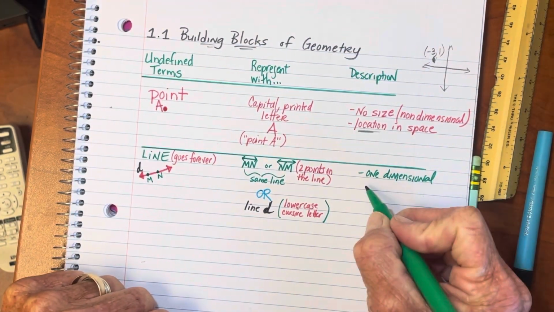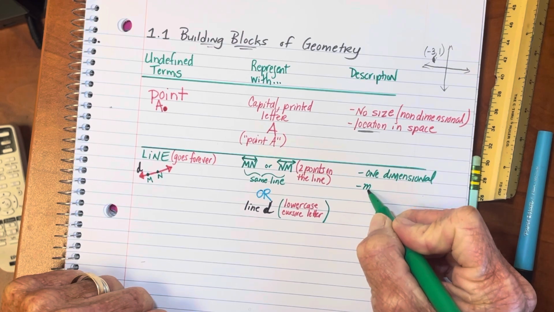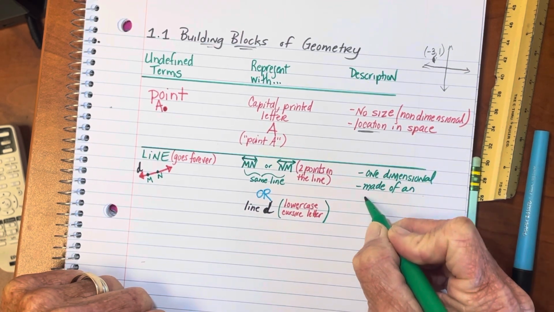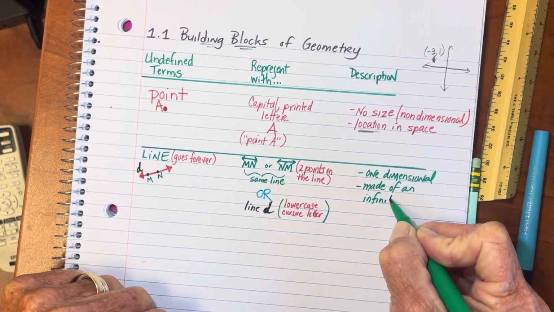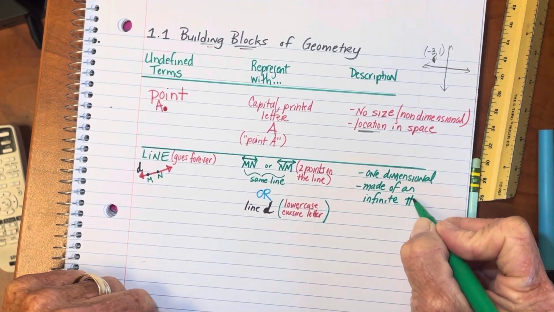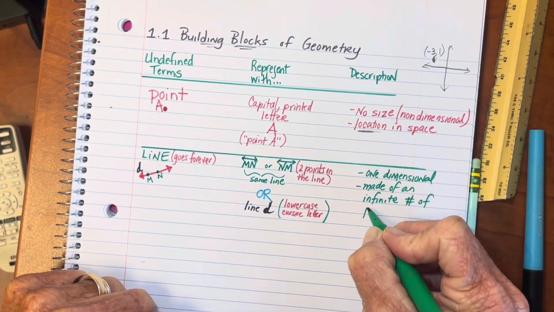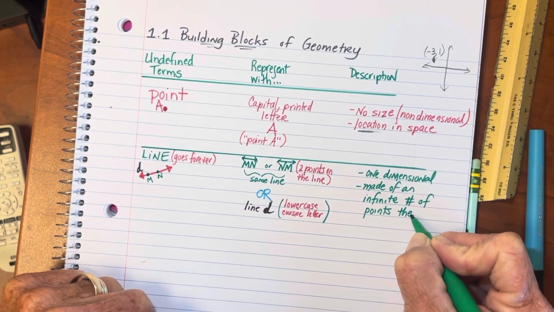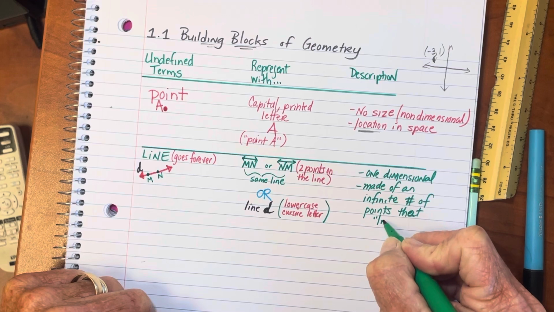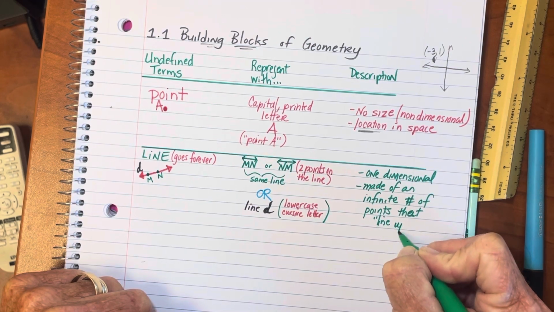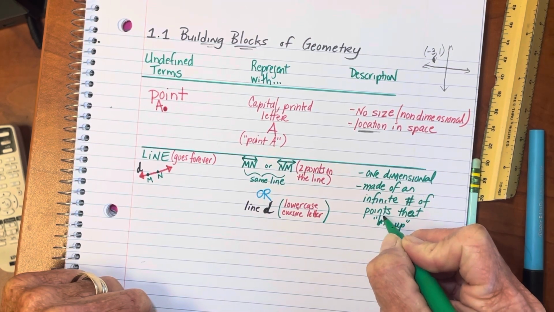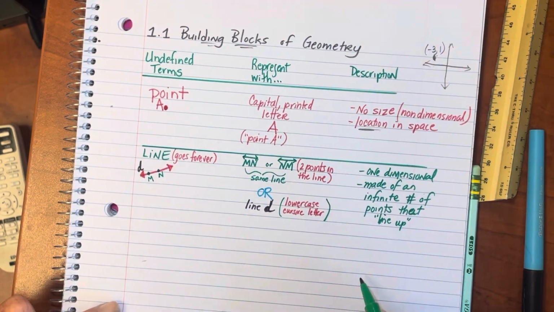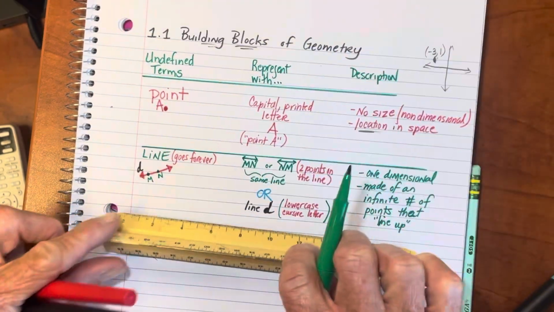It's one-dimensional, and as we said, it's a collection of an infinite number of points that line up, if you will. That's not a real formal definition, but that's what we're talking about, okay? So that's a line.